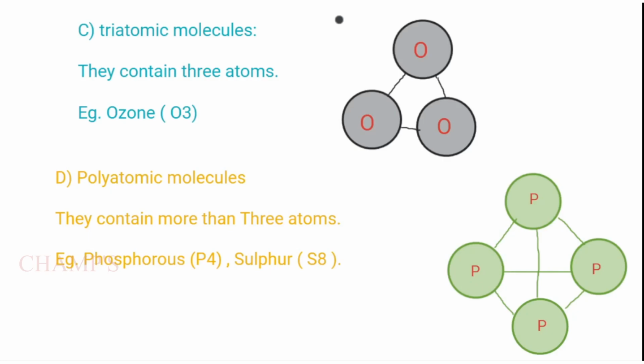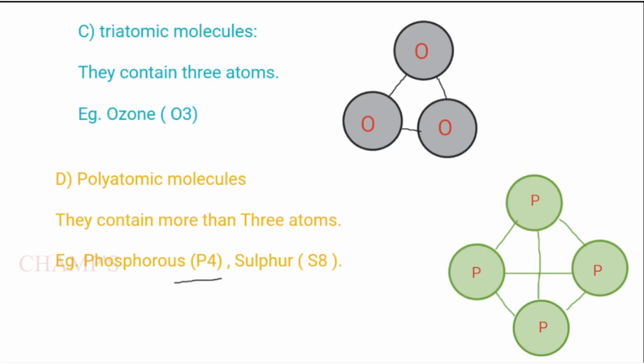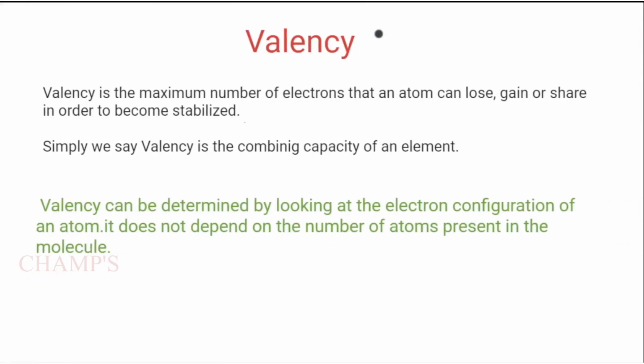So the molecule has three atoms. Now, what are polyatomic molecules? They contain more than three atoms. Phosphorus has four, sulfur has eight, so they fall in this category of elements whose molecule has more than three atoms.